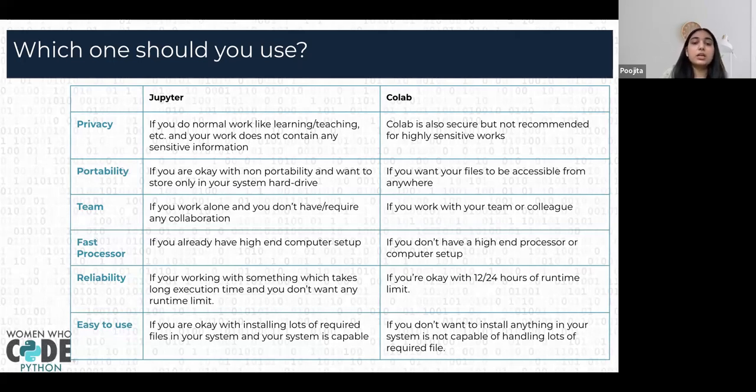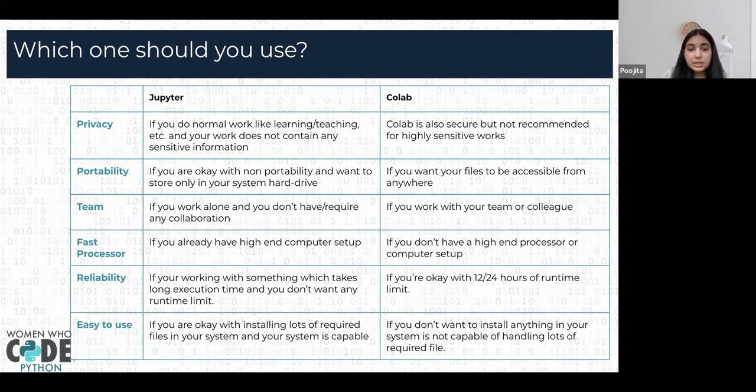In case you already have a high-end computer setup, then you already have a fast processor, and so Jupyter is your go-to there. If you don't have a high-end processor or computer setup, then you can use Colab, which provides you with free resources.